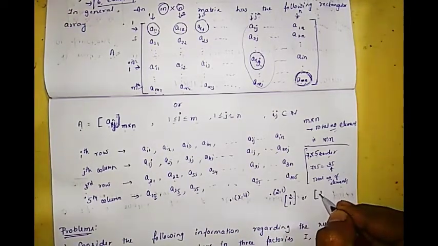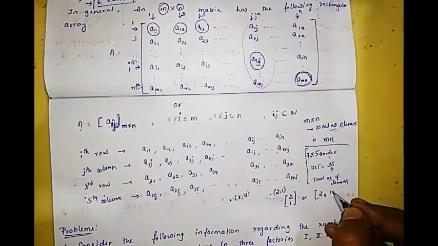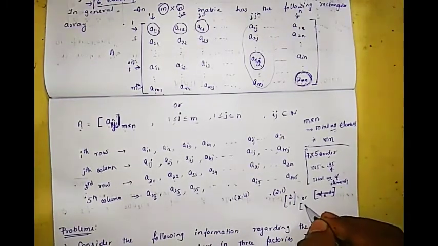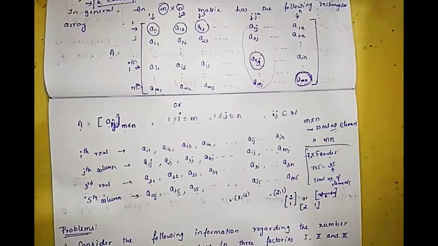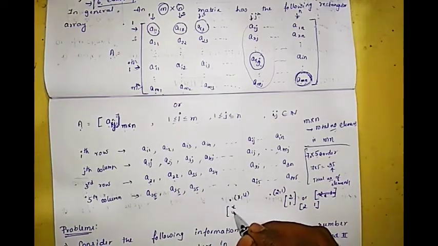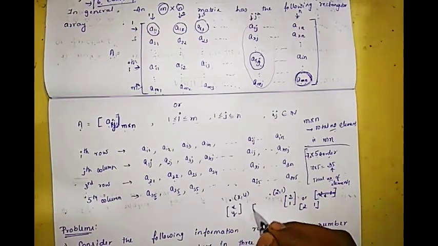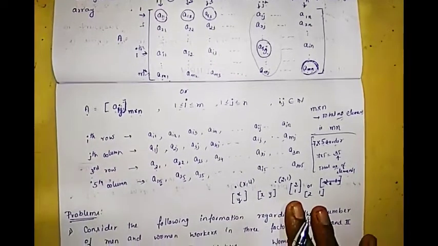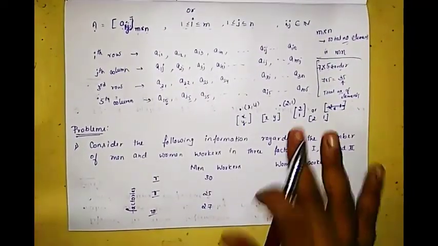We don't write commas and dots in the matrix, so it is 2 1. Clear? Or in general, I can write a point like this, x comma y. We can also represent a point in a matrix. Okay. Next, we will see some problems related to the representation of a matrix.